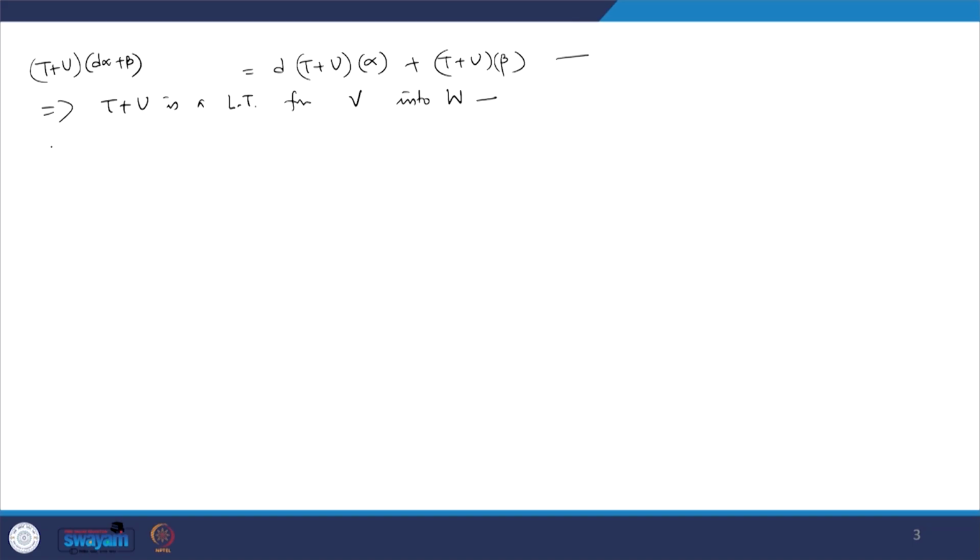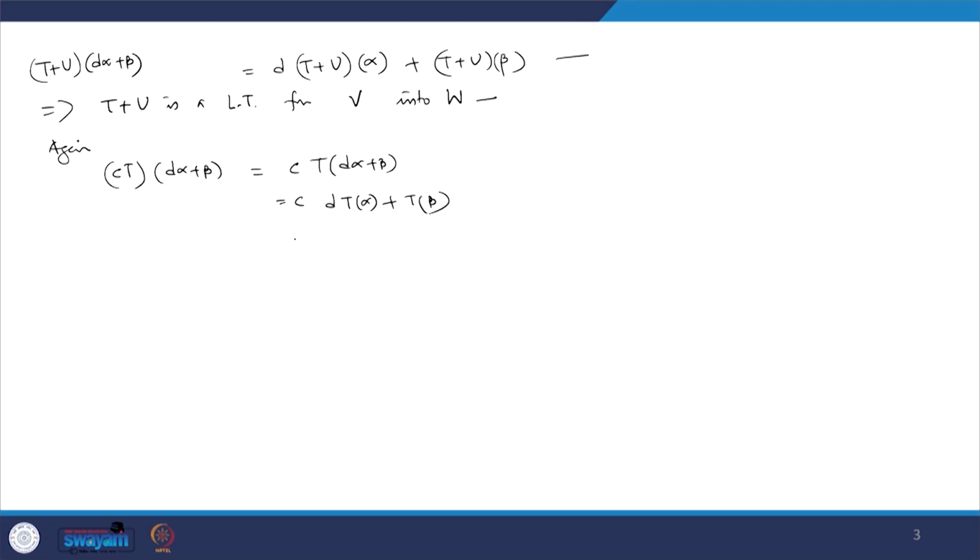Again, immediately one can check CT of d alpha plus beta. In a similar way I will have C of T of d alpha plus beta, which is equal to C times d times T of alpha plus T of beta.